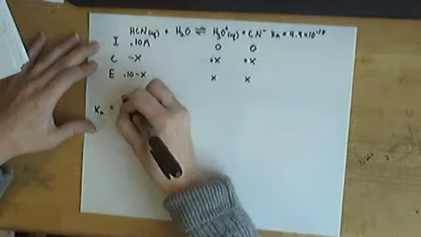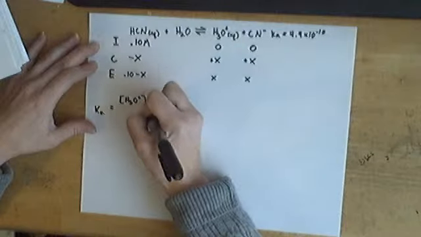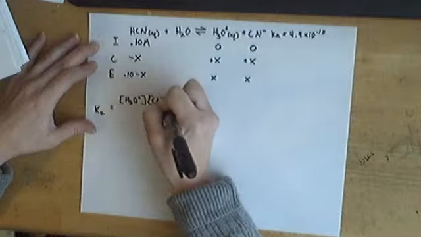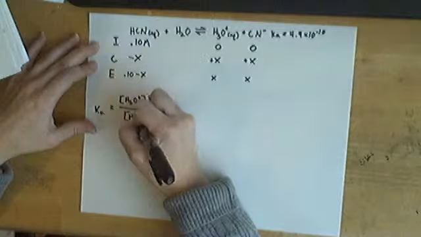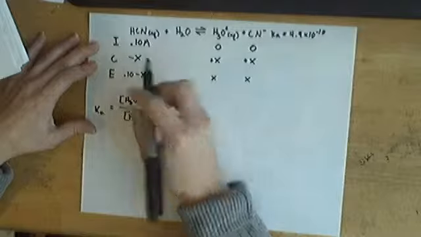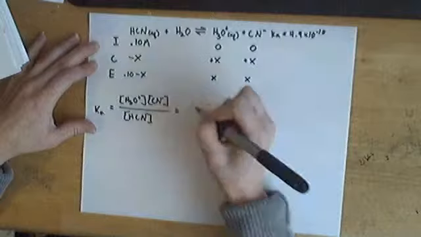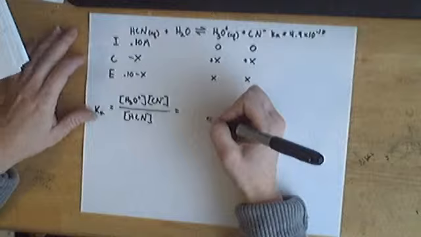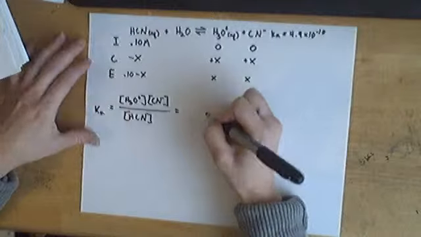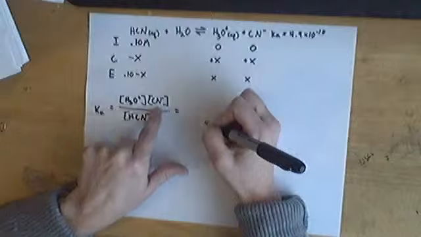It's always products, there's a hydronium ion and cyanide, over reactants, and the coefficients in the chemical equation here are all 1s, so we don't have to raise these to any powers. Okay, so now we can go ahead and plug in these representations for equilibrium concentrations from our ice table. So hydronium ion is going to be X, cyanide ion also X.